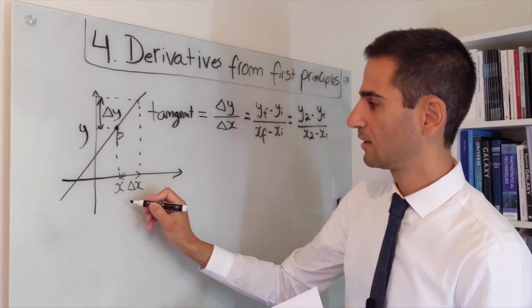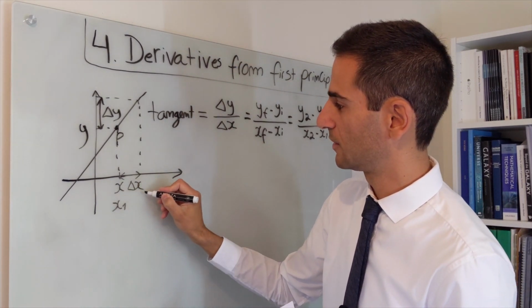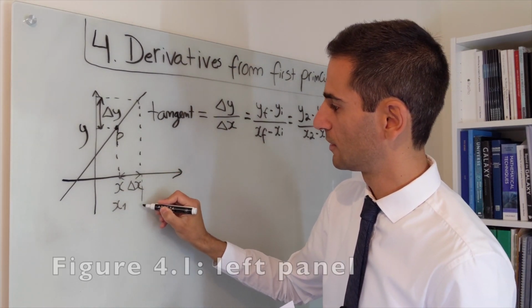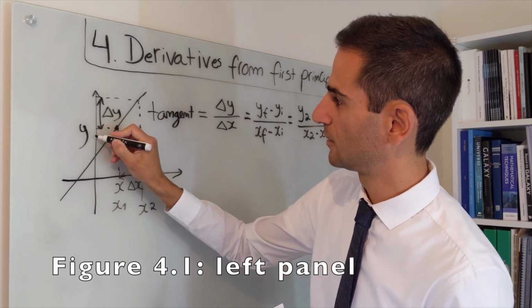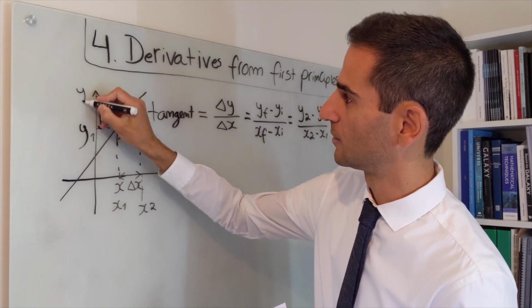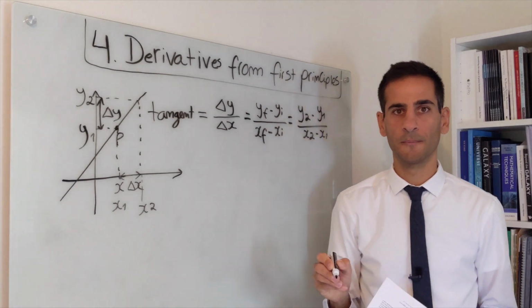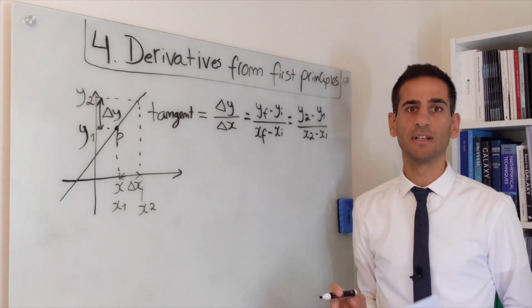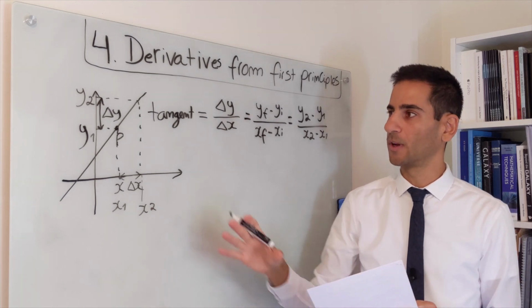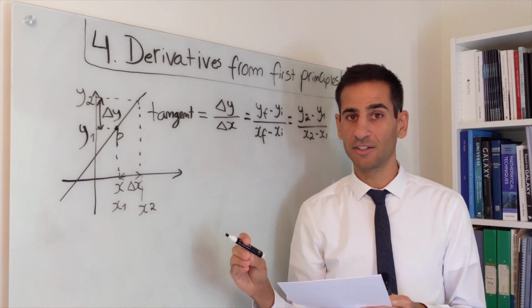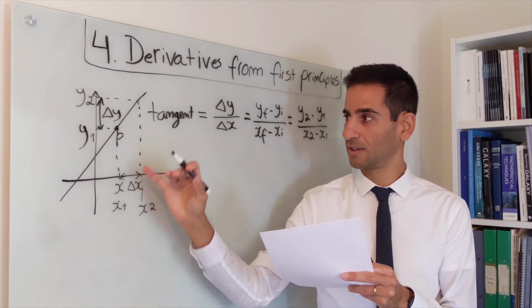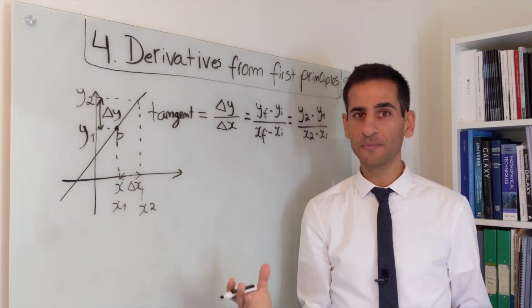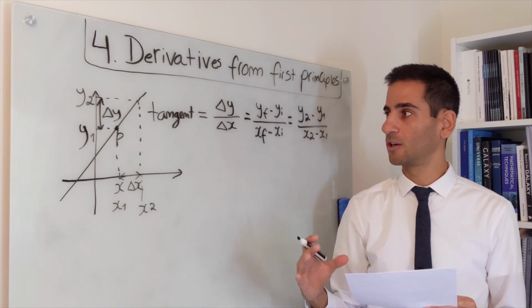In this case, this would be x1, this point would be x2, this would be y1, this would be y2. This is just to make sure that everyone's on board with the notation that we're going to work with when we move from tangent lines of just straight lines, which is pretty easy, to a general curve.